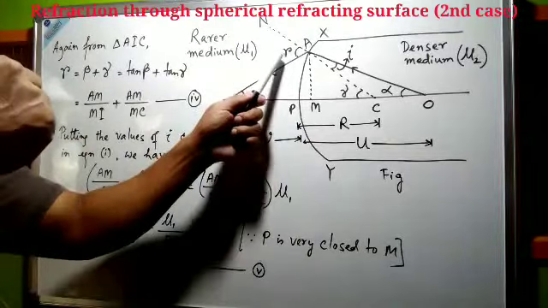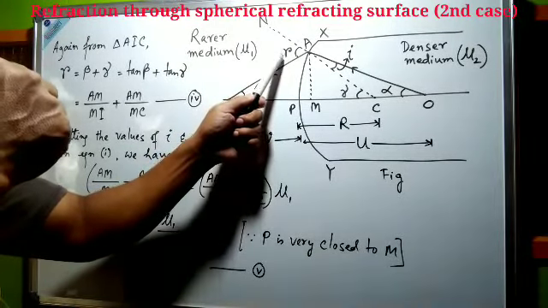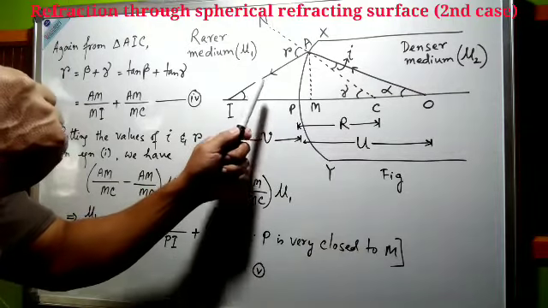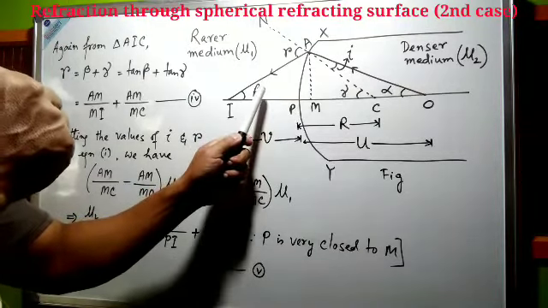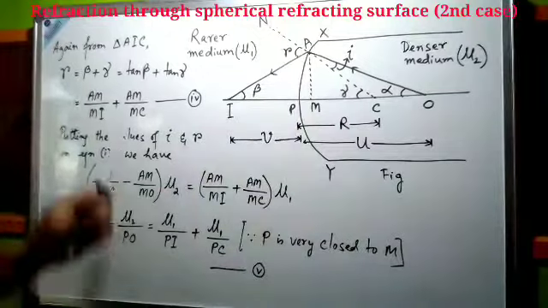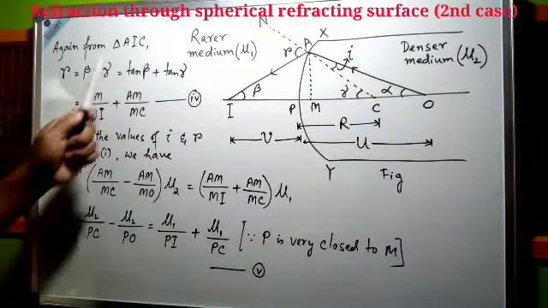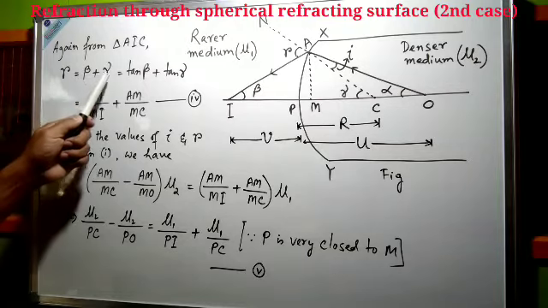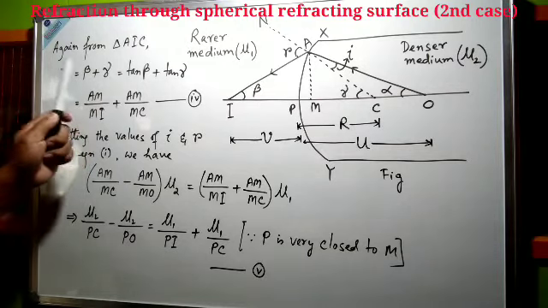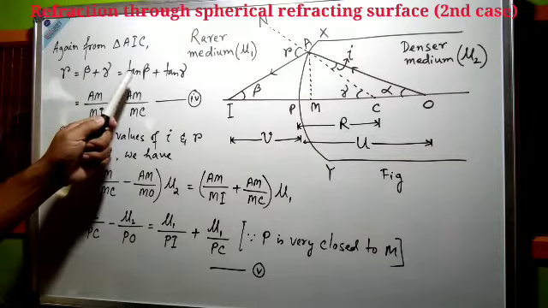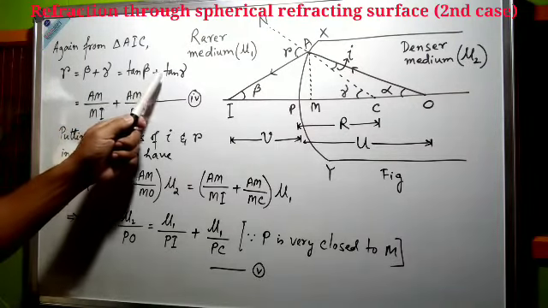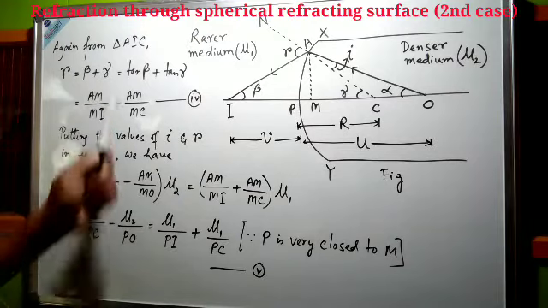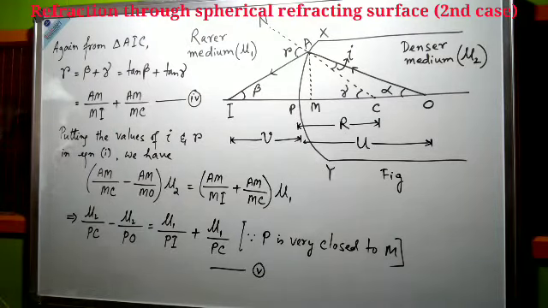So this exterior angle small r is equal to the sum of two interior opposite angles, that is beta and gamma. So from this triangle AIC we may write like this: R equal to beta plus gamma. Then instead of beta and gamma we may write tangent of beta plus tangent of gamma, since beta and gamma are also very small angles.